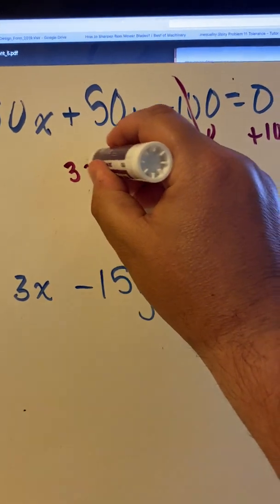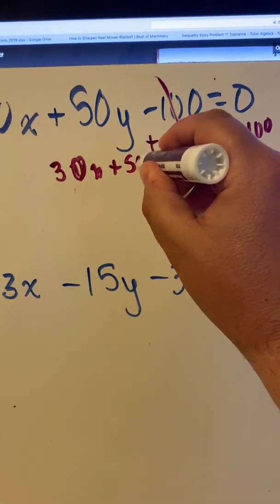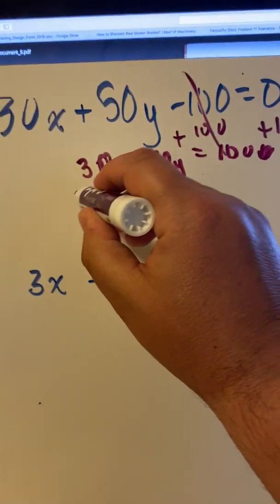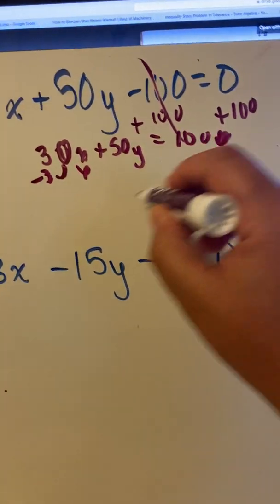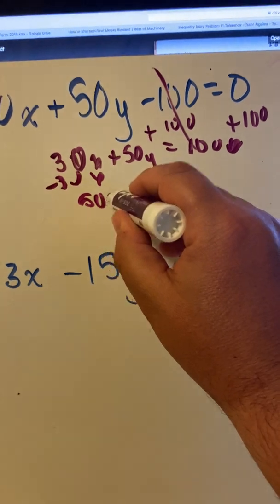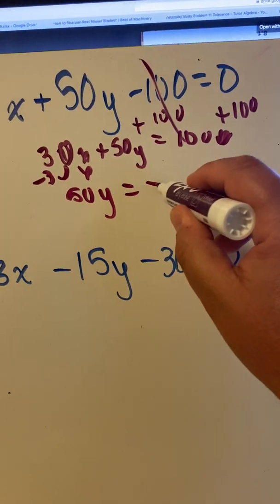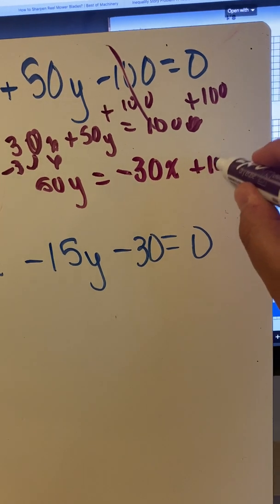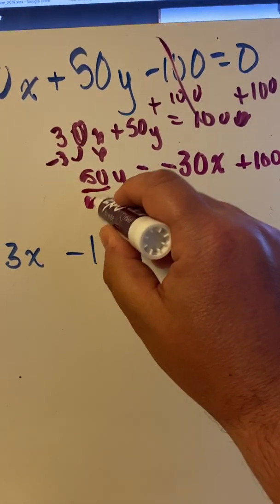So it's 30x plus 50y is equal to 100. Then subtract the 30x, and it turns into 50y is equal to negative 30x plus 100. Then divide everything by 50.